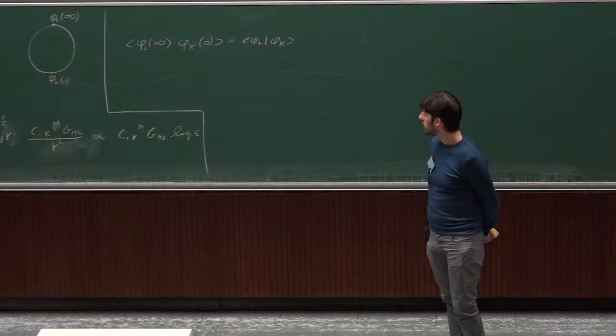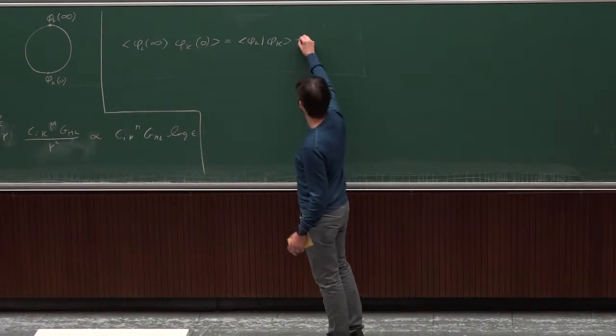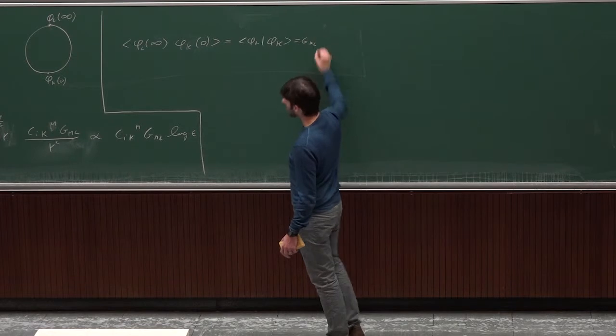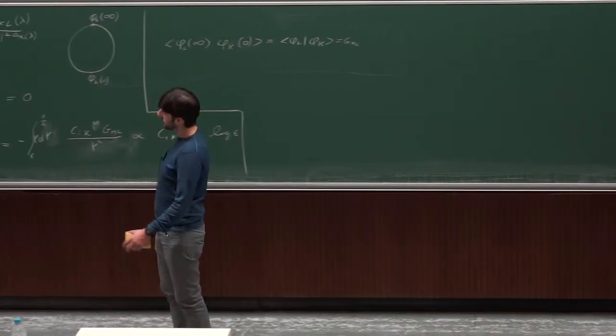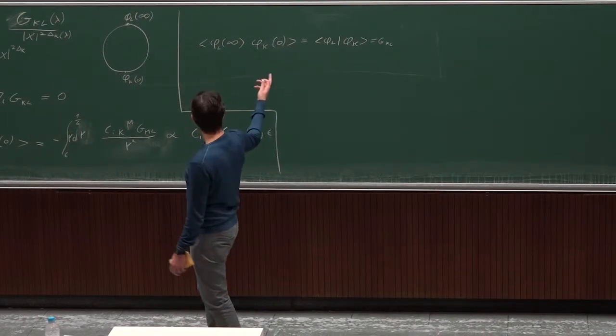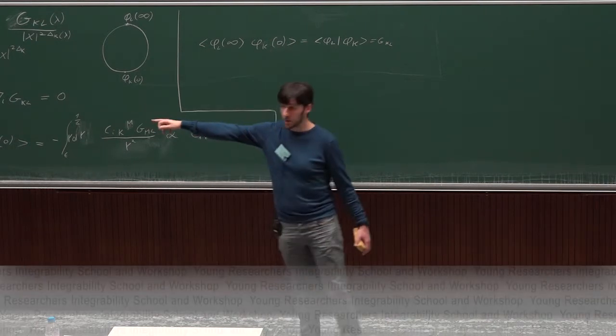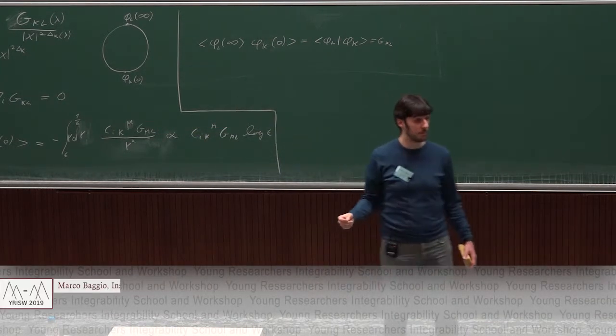So what I'm showing you, which is by definition g_KL, is that the connection that I'm defining is unitary.